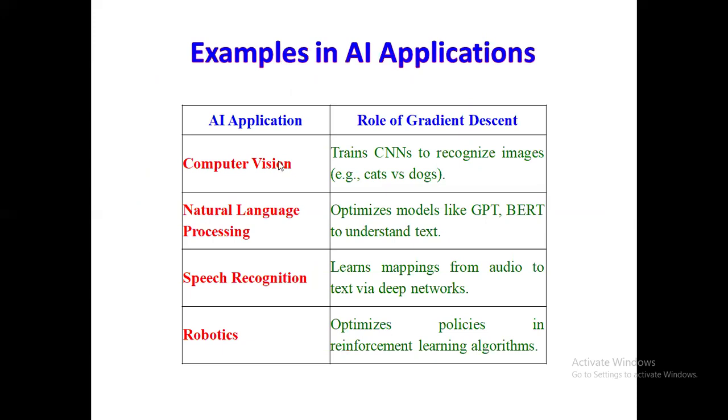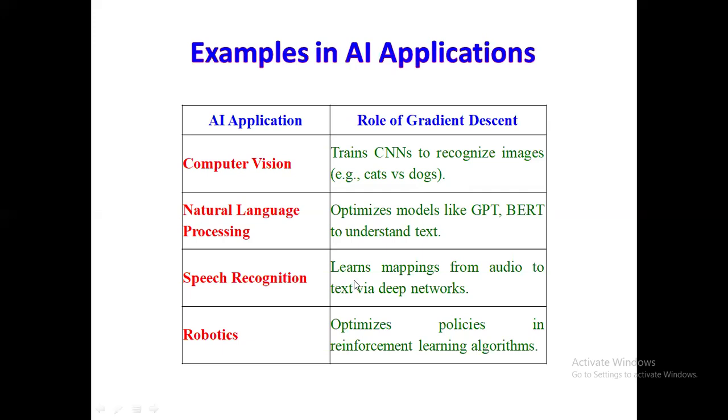In computer vision, for example, the convolutional neural network (CNN) uses gradient descent to learn filters that detect features like edges, shapes, and objects, say, cats versus dogs. In natural language processing, models like BERT and GPT are trained using gradient descent to understand and generate human language by adjusting billions of parameters.